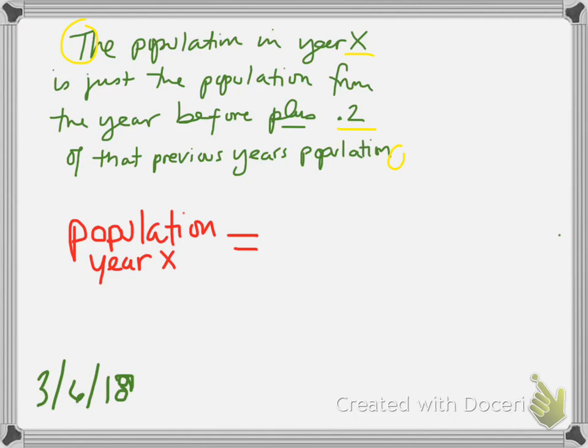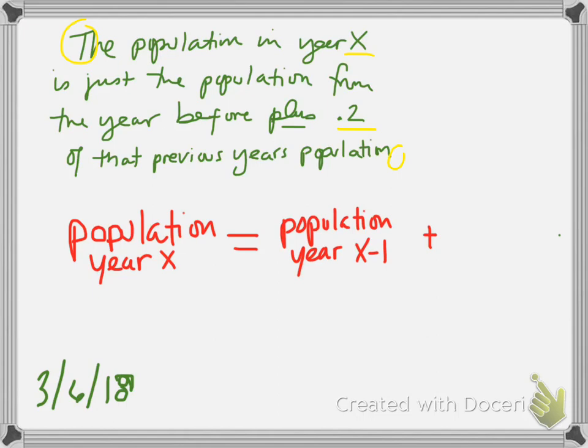Okay. What is that year equal to? Well, we know that to figure out year 15's population growth, we have to go back to year 14. To figure out year 20's population, we have to go back to year 19. To figure out year 532's population, we have to go back to year 531.